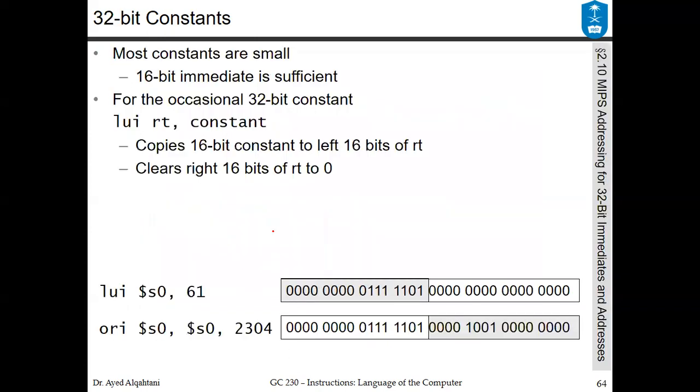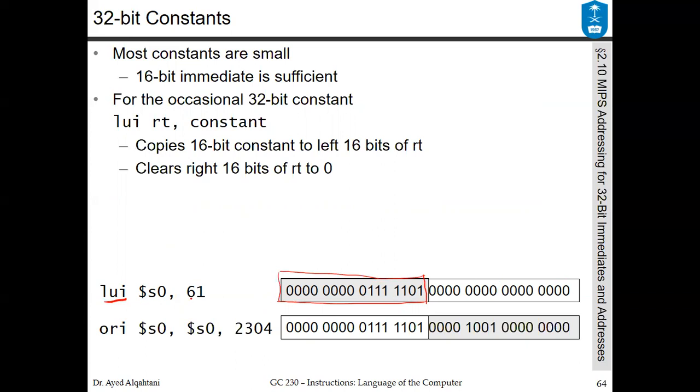Now, here are other things that we need to be aware of. What happens when we are dealing with 32-bit constants? If we have a constant that big, we can move it from one place to another using the load upper immediate. So if we have this 32-bit, first we get the 16 upper bits.